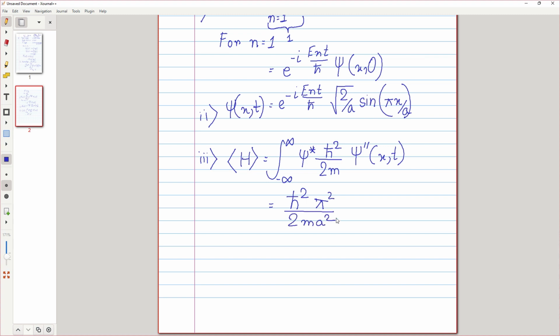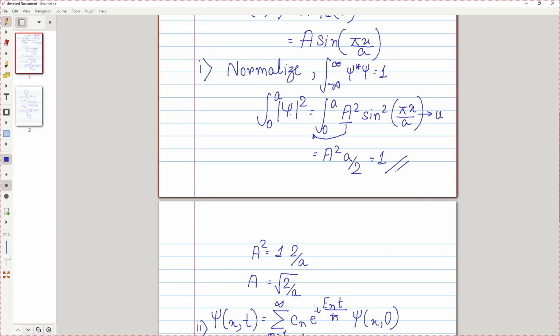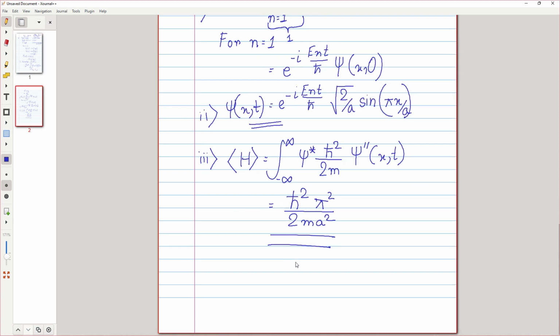So this will be our answer for part number 3, and this will be the answer for part number 2, and this will be normalized. We just normalize this to find the amplitude constant, that's all. Now how did this come? It's gonna take 1 or 2 pages to completely solve this one, so I seriously don't want to do it because it's gonna take some time.